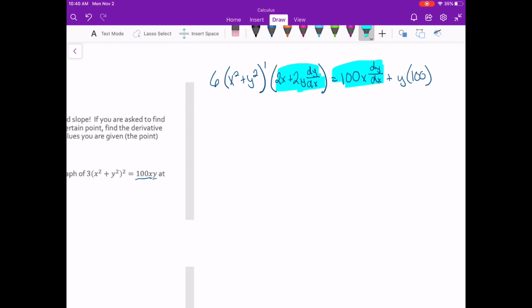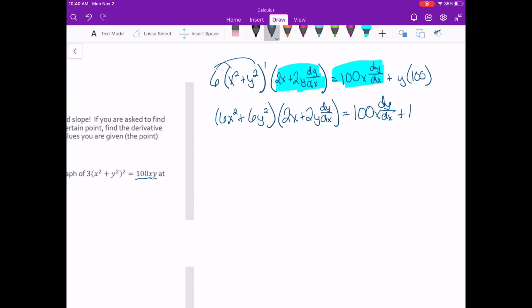So I'm going to do a little bit of simplifying here quick. So I have 6x squared plus 6y squared when I put that in. So then 2x plus 2y dy dx equals 100x dy dx plus 100y.